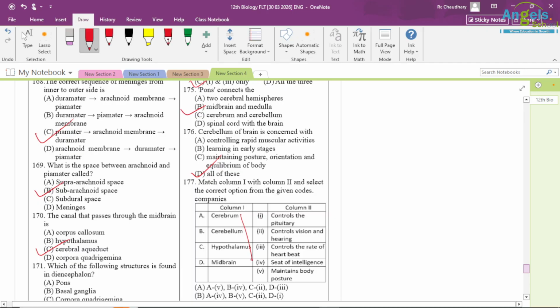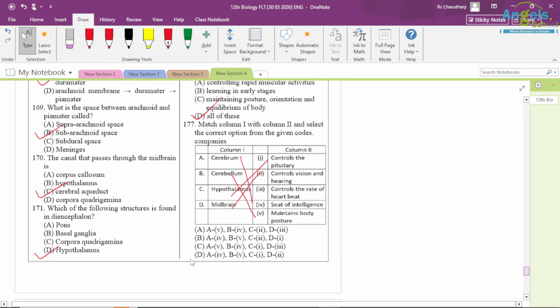Then cerebellum helps in maintaining posture. Then hypothalamus controls the pituitary, C1. Then D, midbrain, controls vision and hearing, so D2. So option D is correct.